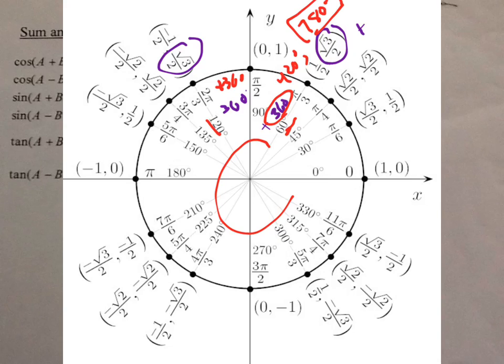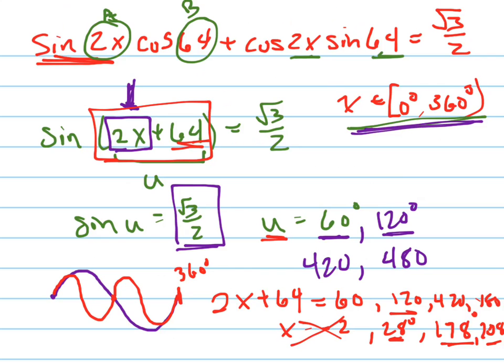When I check this one, subtract 64 and divide by 2, I get 358 degrees, which means 358 is one of my answers. So I do have 4 solutions. This isn't one of them because it's not within my domain, and those are my answers: 28, 178, 208, and 358.